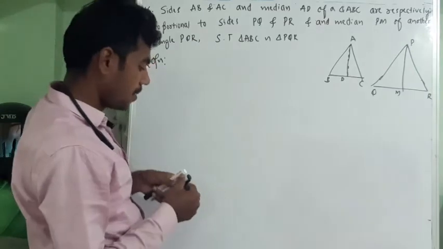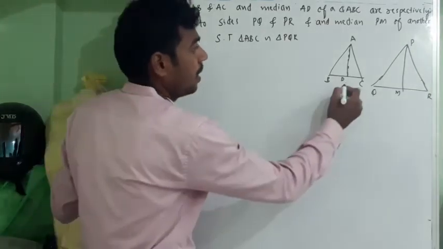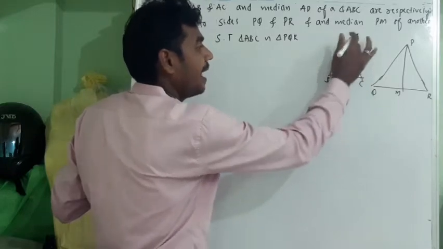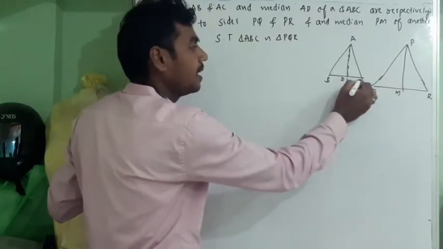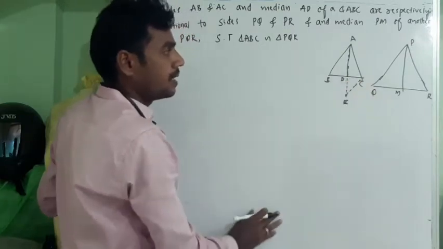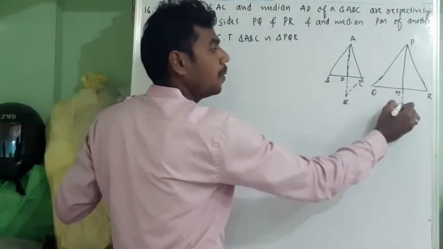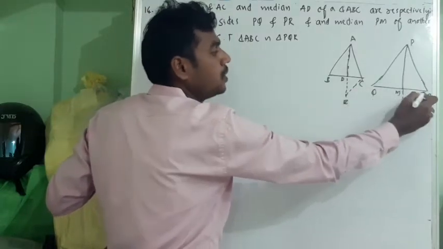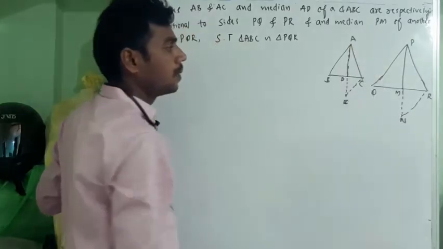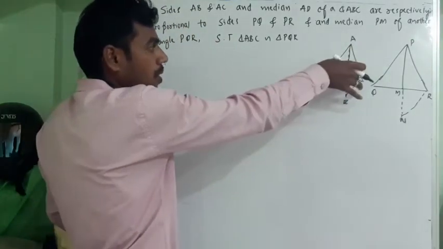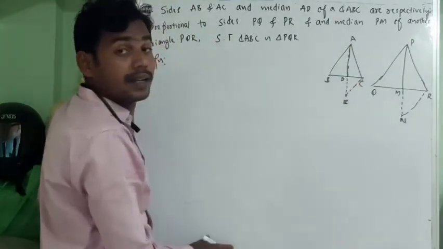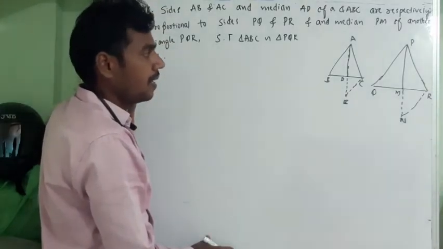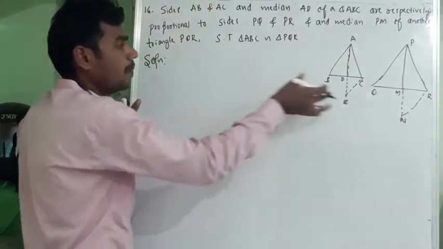What is that construction? Produce AD to E such that AD is equal to DE. Join CE. Similarly, produce PM to point N such that PM is equal to MN. Join RN. Then after that, we need to show these two triangles are similar. If we are able to show that, we will continue with that. Then we will come to know what we need to do.